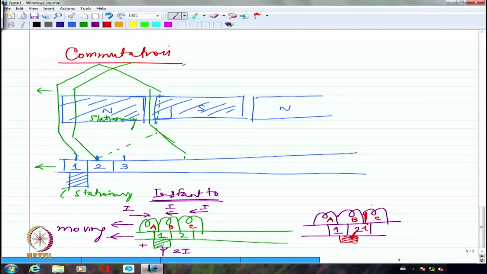What is going to happen is, if this had been I, some portion of small i has gone into here, so this current is going to be I minus i, Kirchhoff's current law, as simple as that. Whereas, this current is still I. So, the total current that is carried by the brush is still I plus I minus i plus small i. So, it is 2I still. That is not going to change.